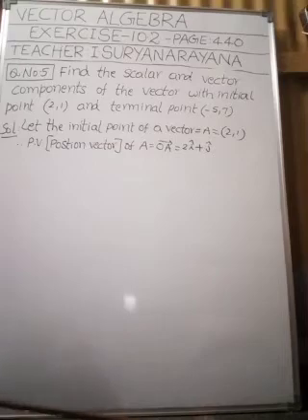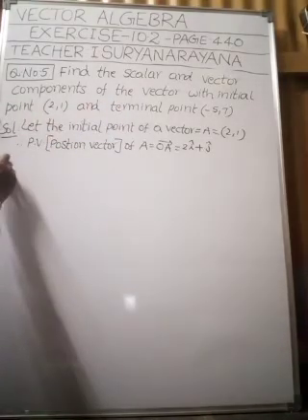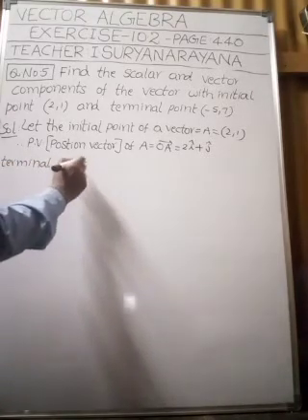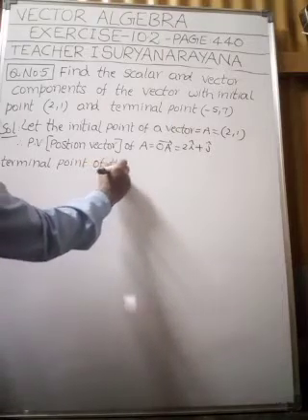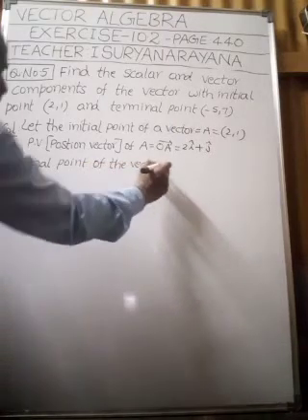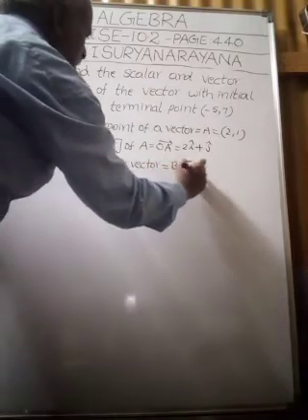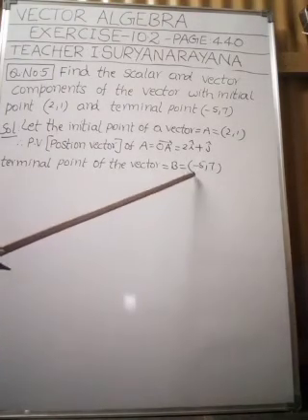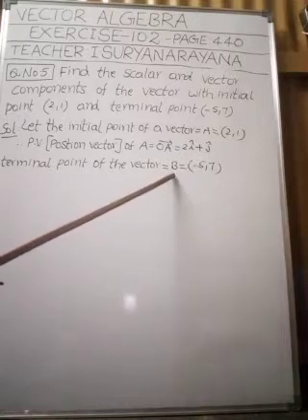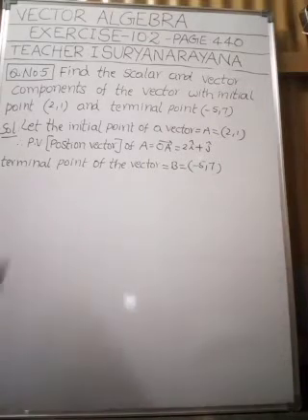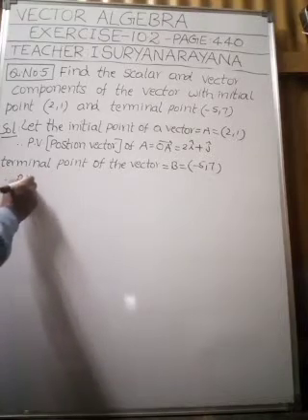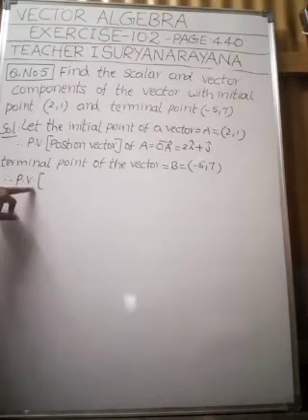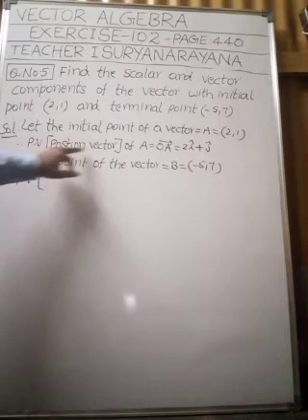Similarly, let us consider the second point B, the terminal point. The terminal point of the vector is B, that is (-5, 7). Okay, my children, the point is given in the form of an ordered pair. Now let us write the position vector of the point B. Therefore, PV, previously I told you, the capital letters P.V. denote position vector.